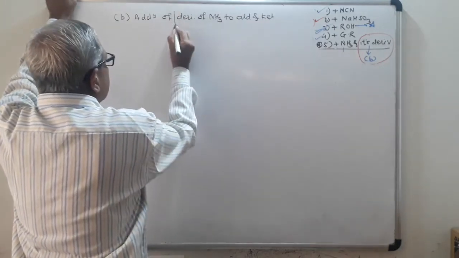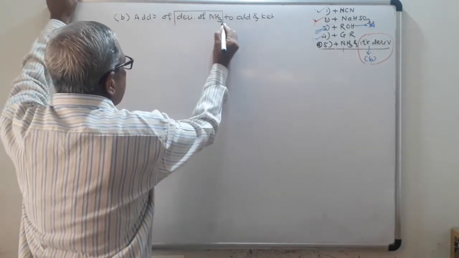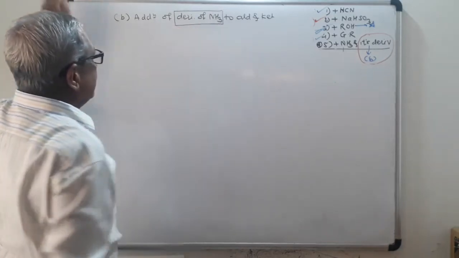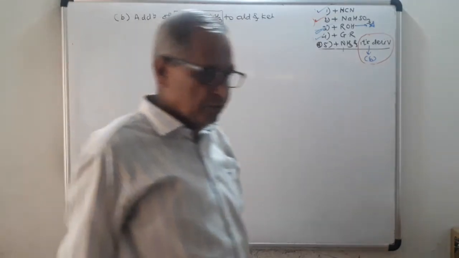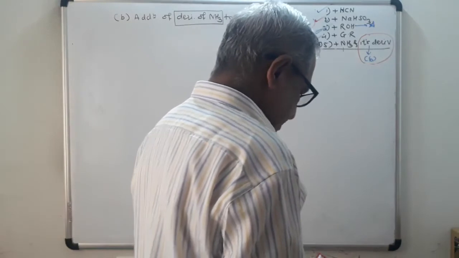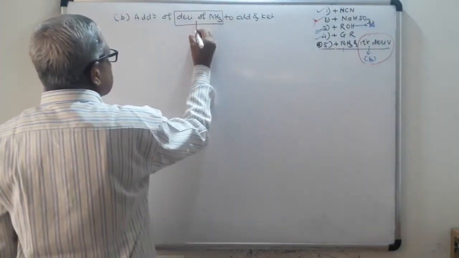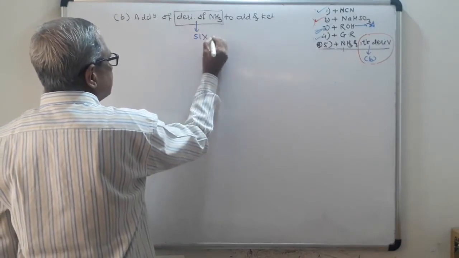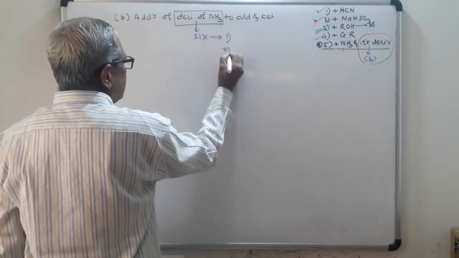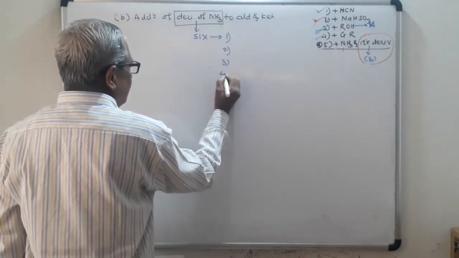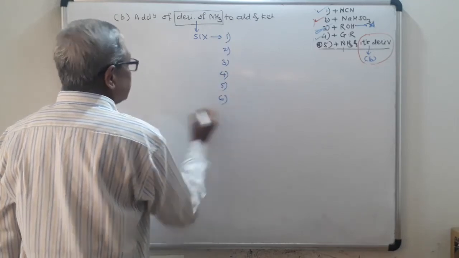I will set the question only on the title, derivatives of ammonia. In this case, you have to learn 6 derivatives. 1, 2, 3, 4, 5 and 6.